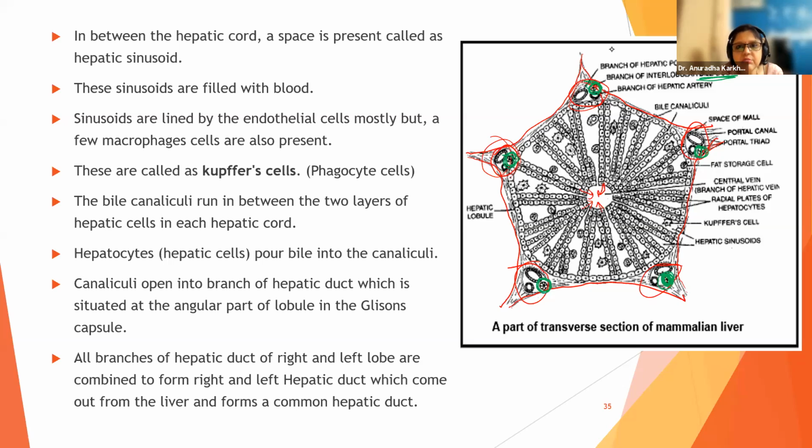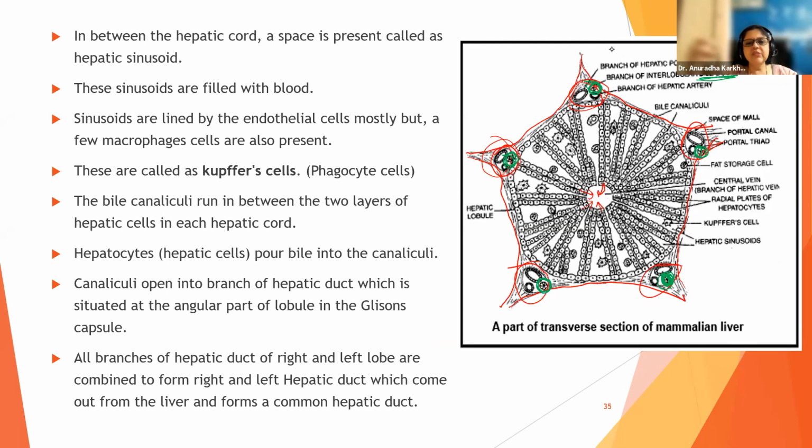Who is making this bile juice? Who is making the bile actually? So these liver cells, hepatic cells are making the bile, which are pouring their secretions into the canaliculi. From the canaliculi, that bile is being transported to a duct called the hepatic duct or the bile duct.